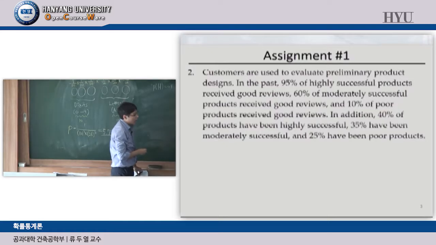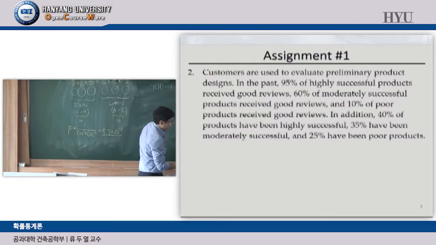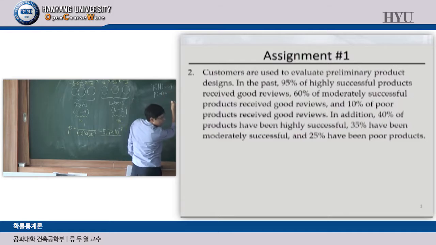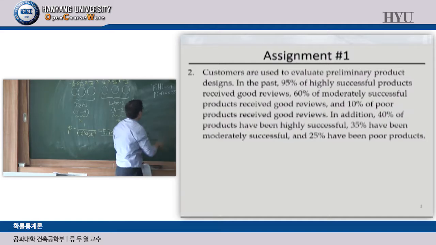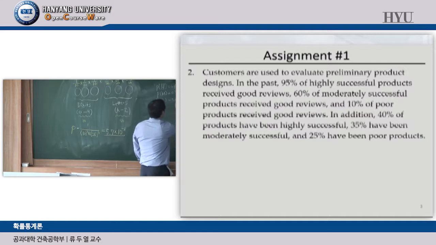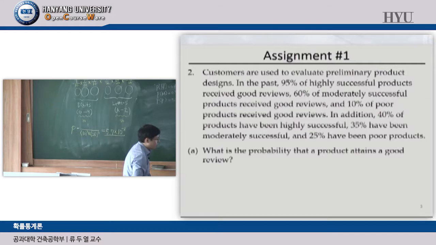And if we denote M as a moderately successful product, the probability of M should be equal to 0.35, and the probability of P, which is the poor product, will be 0.25, okay? And the first question is: what is the probability that a product attains a good review? We can denote G as a good review.